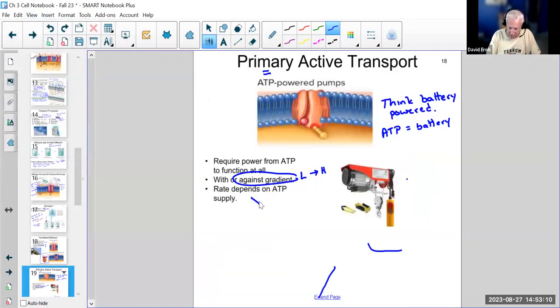So you can pump things faster by using up more ATP. You can pump it slower by using less. You can totally stop it by not using any ATP. But the key is that you need ATP that you've already made, that you already have on hand. Okay, when the power goes out, that is not the time to try to build a battery. You need them already.